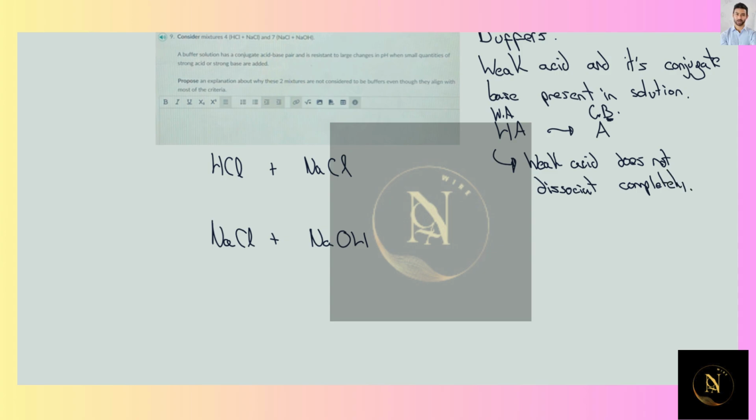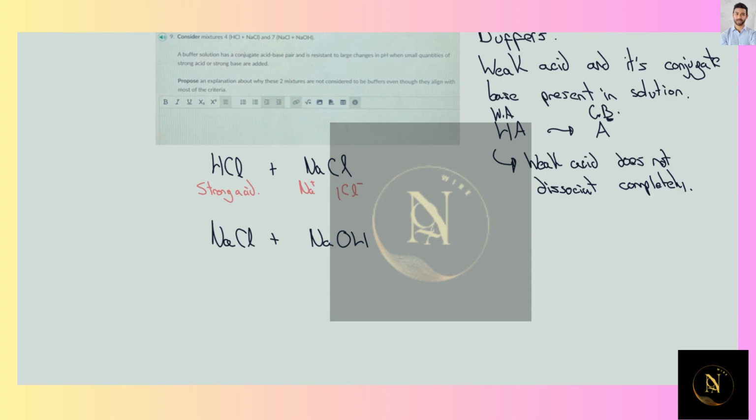In this case, what we're going to have is that HCl is going to be a strong acid, which is going to dissociate completely. Sodium chloride is going to be a salt, which is going to contain sodium plus and Cl minus.